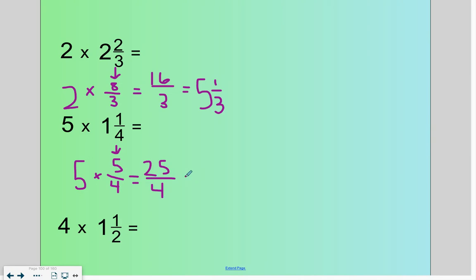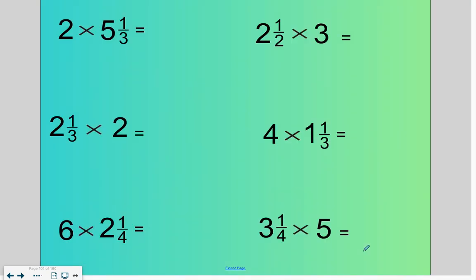Keep your denominator the same. 4 goes into 25 6 times with 1/4 left over. 4 times 1 1/2. 2 times 1 is 2, plus 1 is 3 halves. 4 times 3 is 12. Keep your denominator the same. 12 divided by 2 is 6.